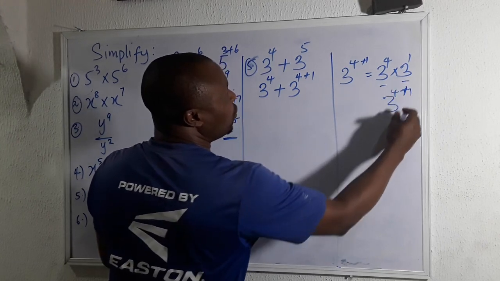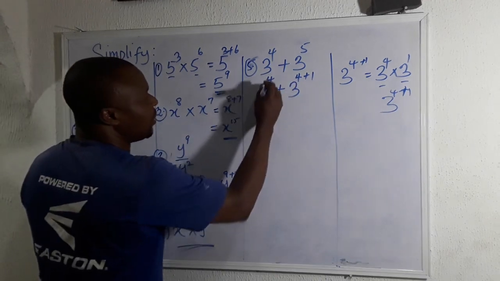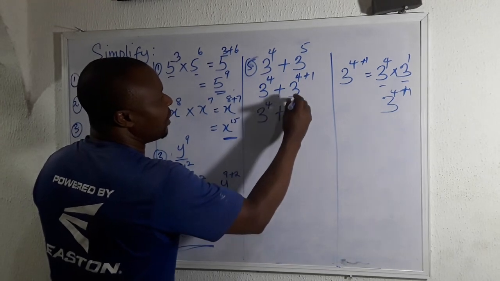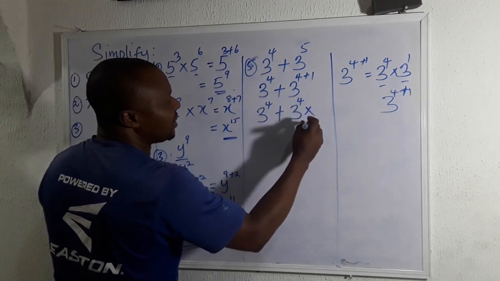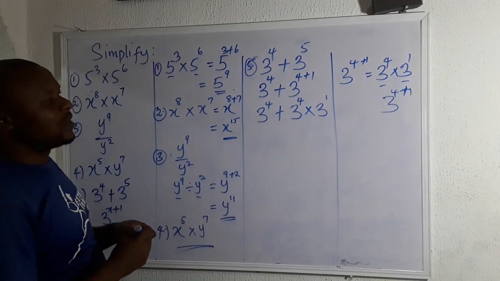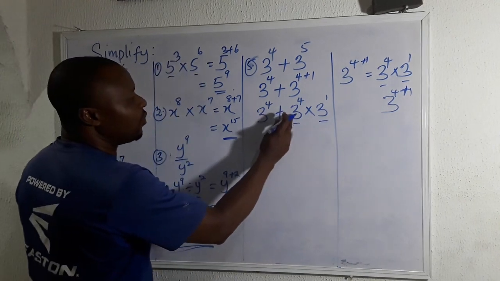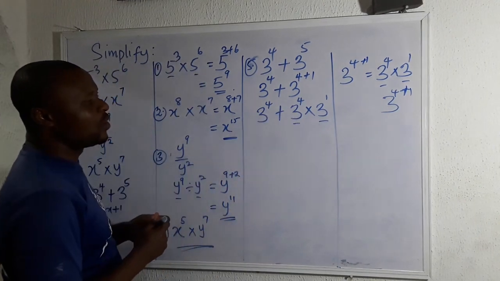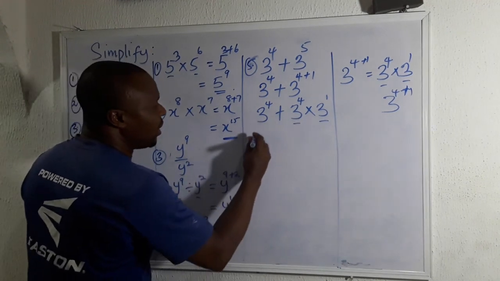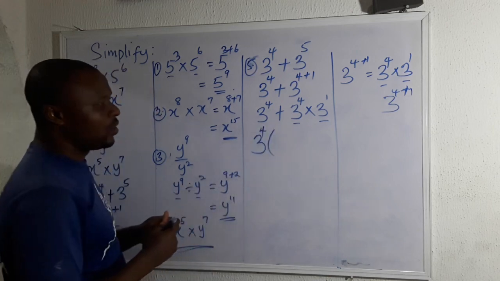So we rewrite this as 3 raised to power 4 plus 3 raised to power 4 times 3 raised to power 1. What we do is factorize 3 raised to power 4 out of this expression.